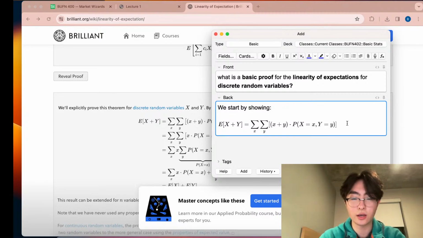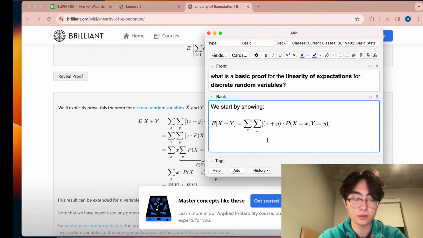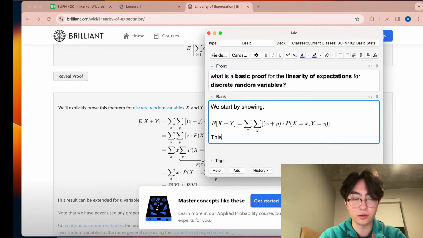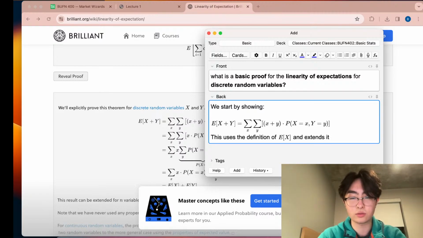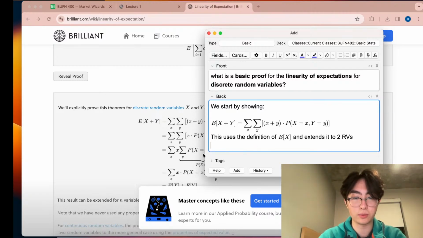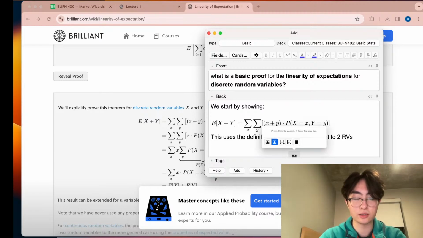I think this is the first step into the proof. This uses the definition of expectation of X and extends it to two random variables.